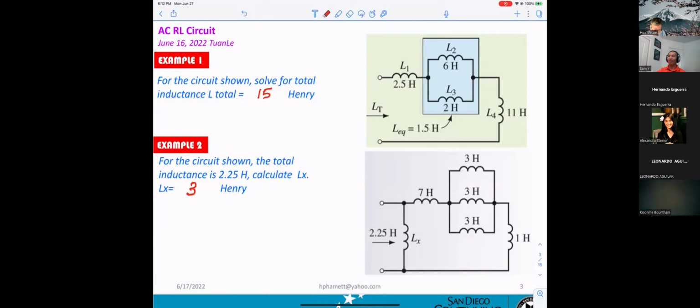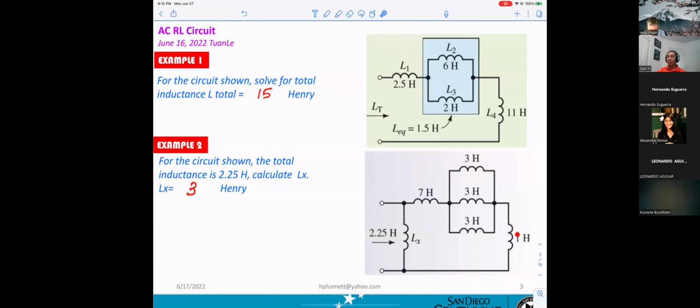They already tell you the total inductance is 2.25 Henry. You know that one will be 3, that combined to be 1, then 7, 1, you get 8, plus 1 you get 9.